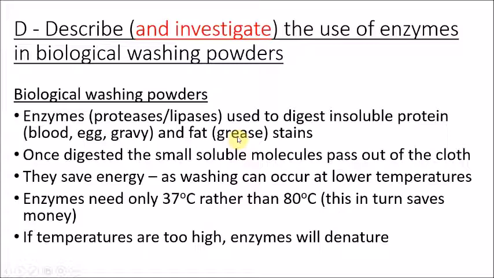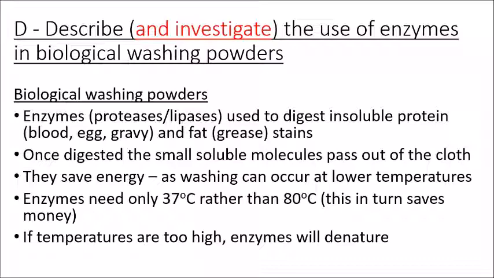The yolk of an egg is also fat. So these are stains on the clothes, and when you put them in warm water, only warm, it needs to be warm for the enzymes to work at an optimal temperature, the stains are digested into small soluble molecules which can pass out of the cloth, and then you wash your clothes effectively.